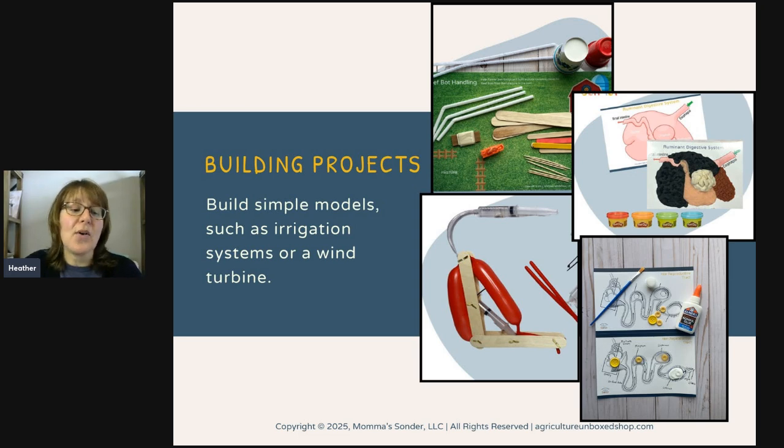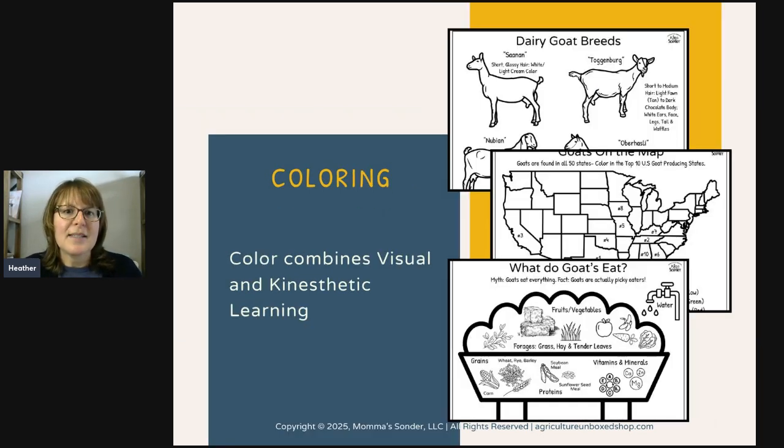So as you can see, there are all kinds of different things that we can do, and we might have been incorporating them all along, but we didn't know how we were engaging our kids or our members in what we were doing. Coloring is another example of what I mentioned about combinations of learners. Coloring is a combination of visual and kinesthetic learning.